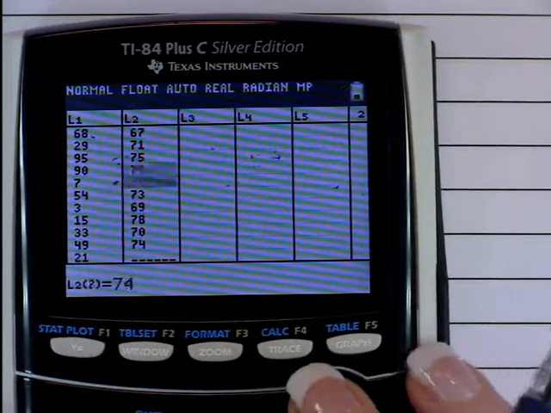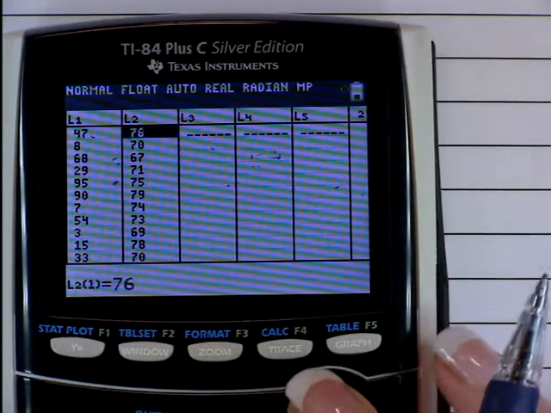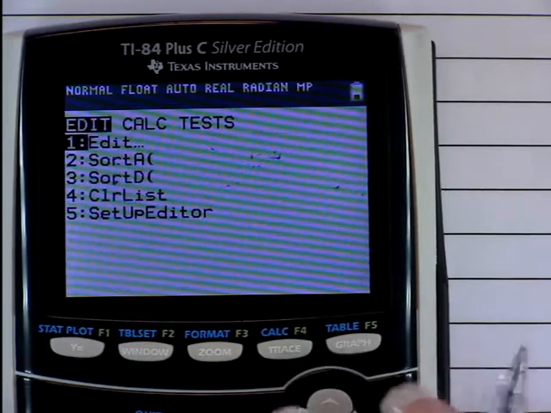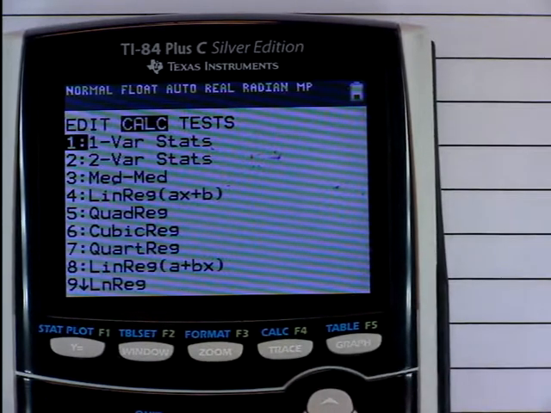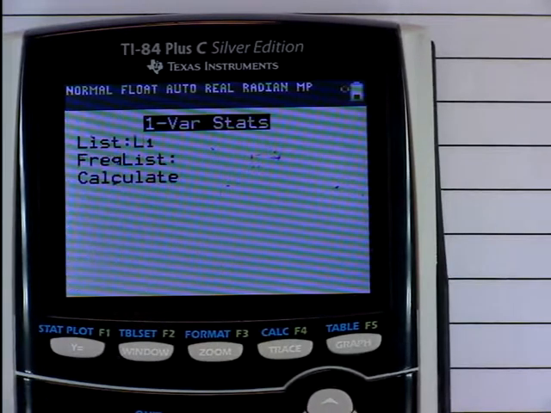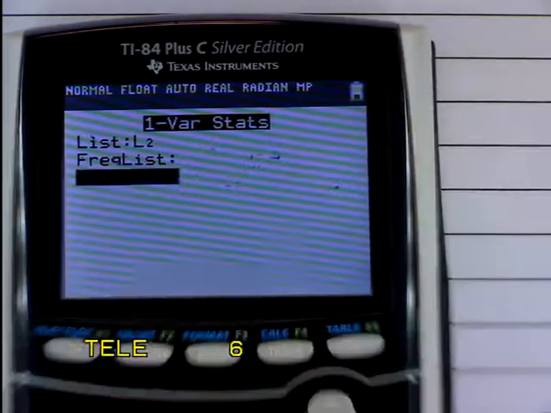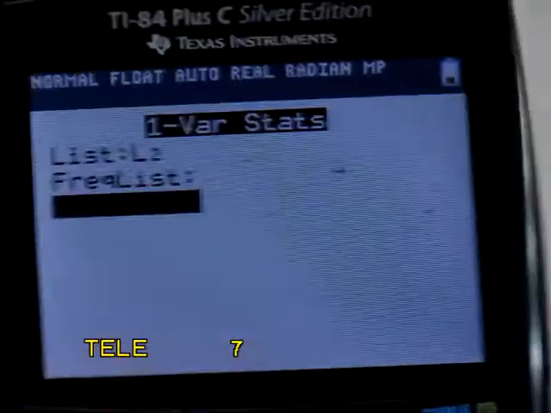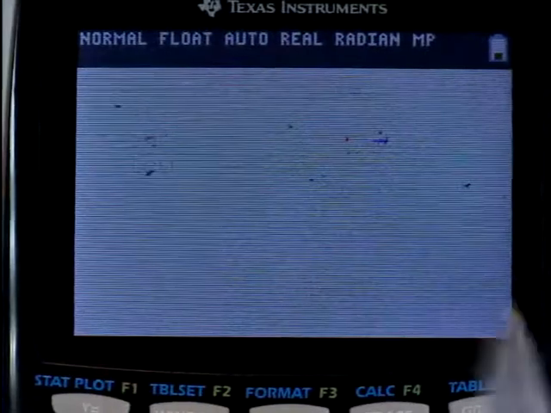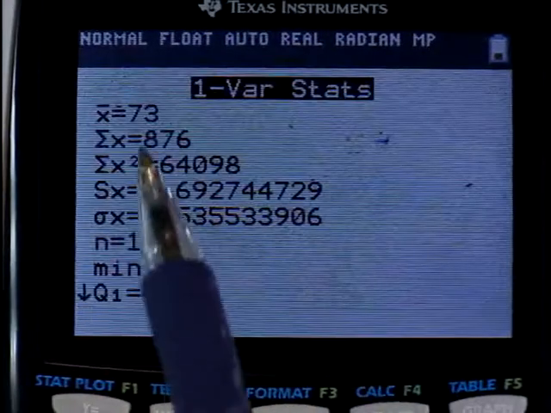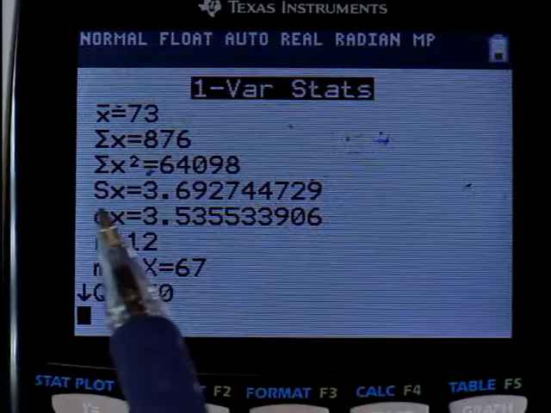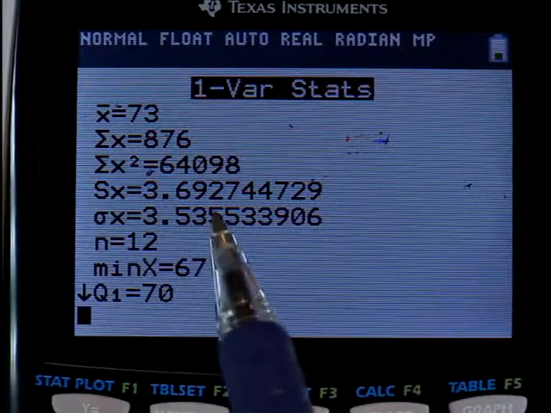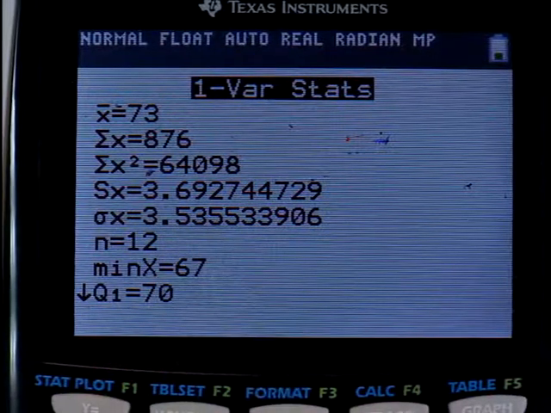Hopefully I did not make a mistake. Then you go to Stat, arrow over to Calculate, one variable statistics, and I put mine in L2 this time. Frequency is blank, and then Calculate. The mean is 73, and the sample standard deviation is 3.693 if you round to 3 places, but 3.7 if you round to 1 decimal place.